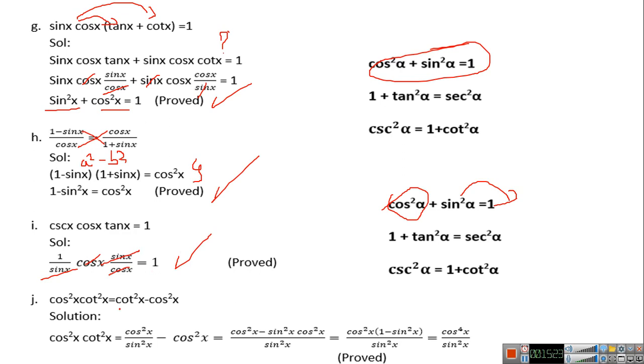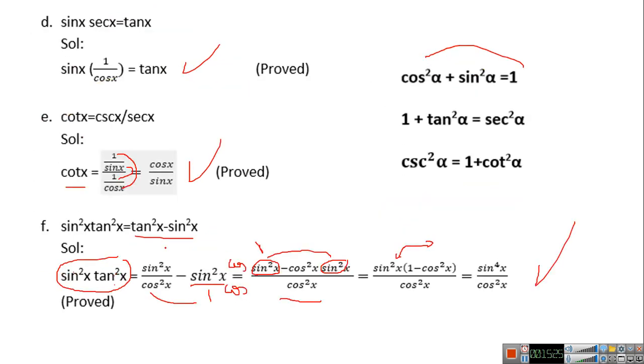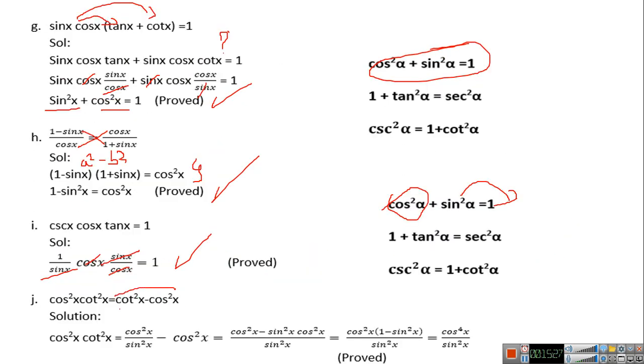So this one we start with, this one and that one are similar. So cotangent square is cosine square over sine square minus cosine square x. We do the same denominator, which is sine square, as you can see. So I multiply here by sine square. Then I factor out cosine square. If you factor out cosine square, you're going to get 1 minus sine square. 1 minus sine square is cosine square.